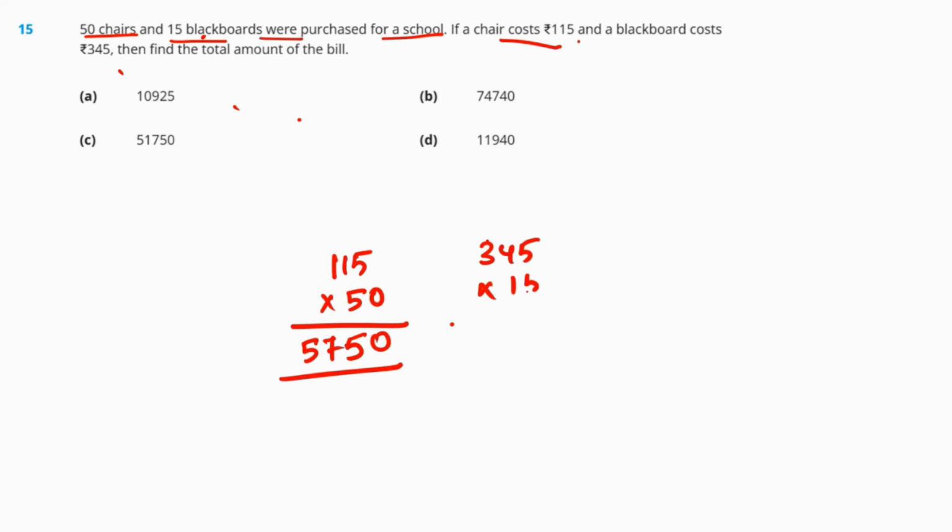So 345 into 15. When we multiply 345 into 15, we get 5,175. So what's the total amount of his bill? The total of these two, obviously, that's 5,175 plus 5,750, 10,925 as our answer, which is there in option number A. 10,925 when you add these two.